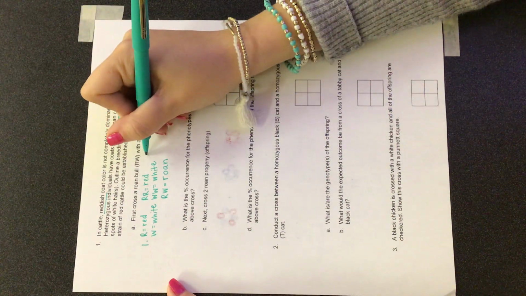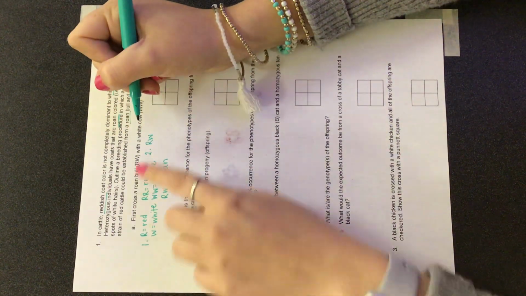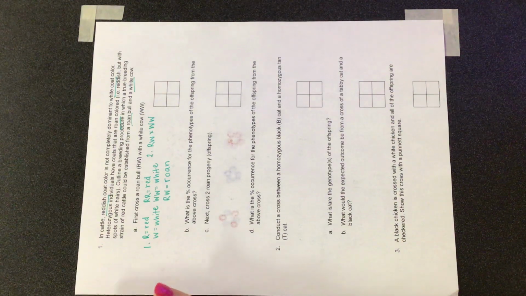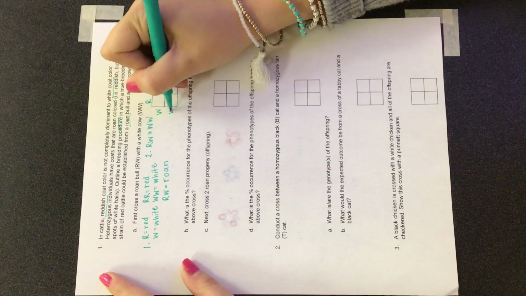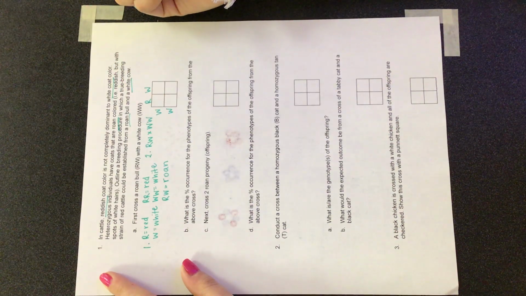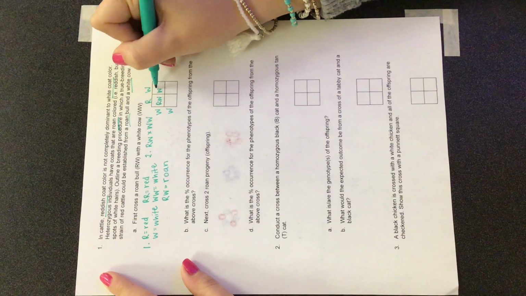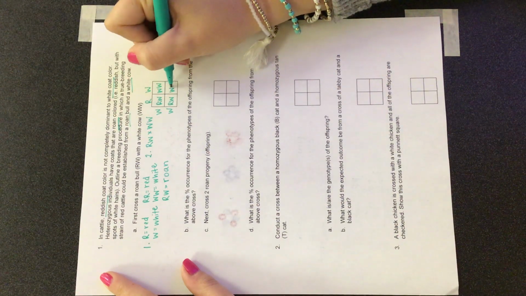The parents of this first cross are a roan bull and a white cow. So when I cross them, I get 50% roan and 50% white.